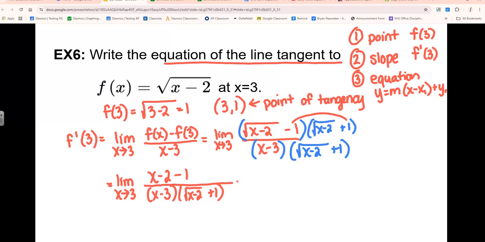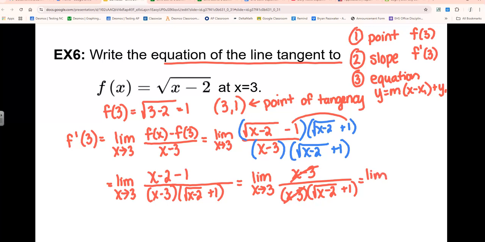There. And so that numerator is x minus 3. And we also have an x minus 3 in the denominator. That will cancel.